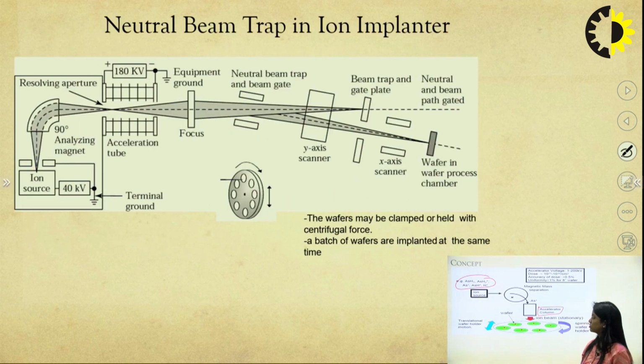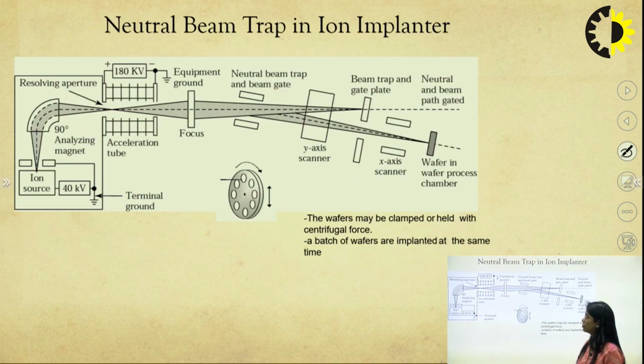So this is a general setup. Now we can see what the overall process of ion implantation looks like. This is a complete setup which we have to understand, to see how it helps us in achieving diffusion or adding the required dopant at a particular place. Now to start with, we have an ion source here.